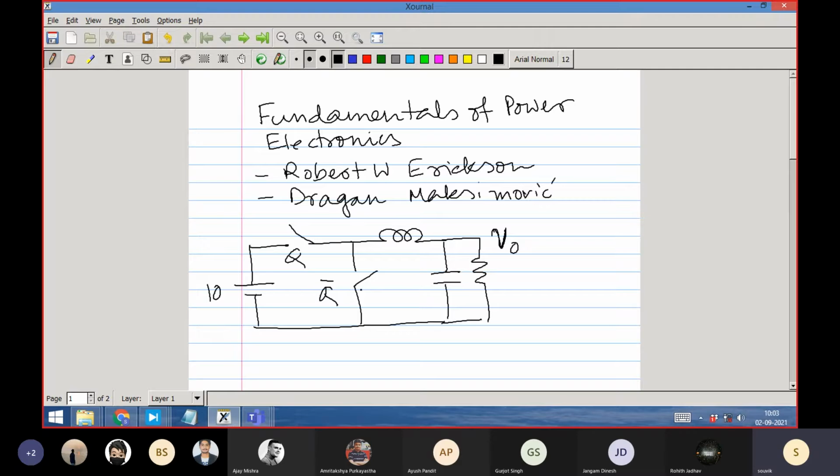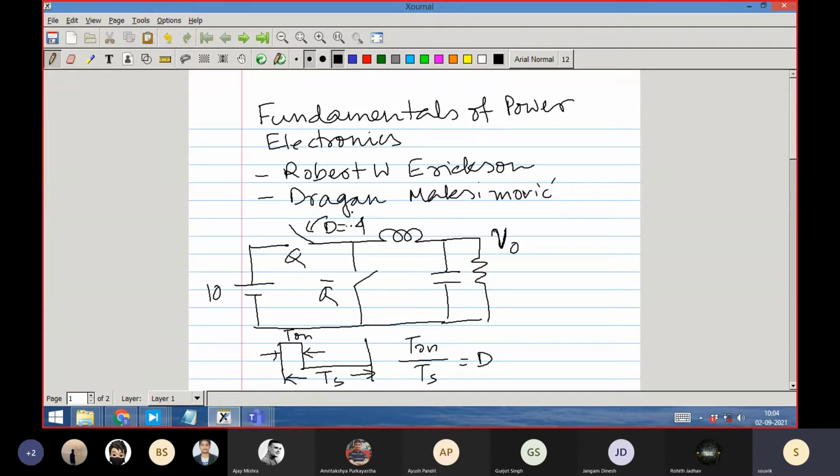We assume the duty ratio of switch Q, that means switch on time, again and again I repeat, duty ratio is defined as the on time T1 divided by Ts, the duty ratio D. So the duty ratio of this switch is D equal to 0.4.